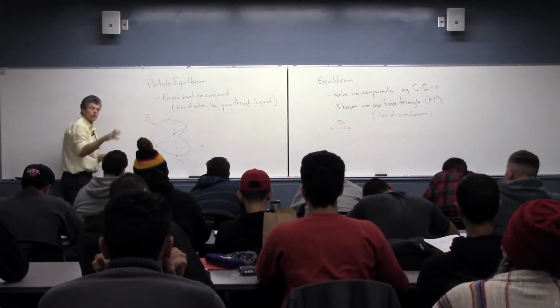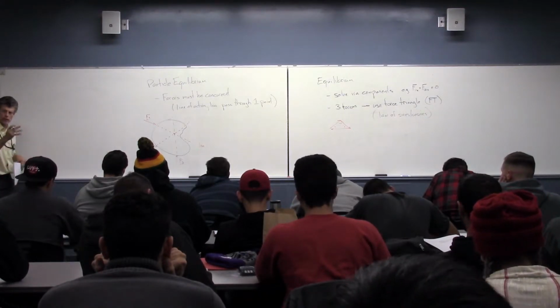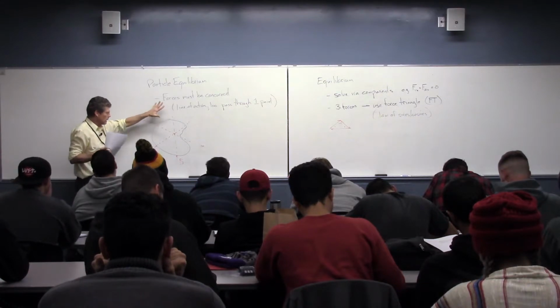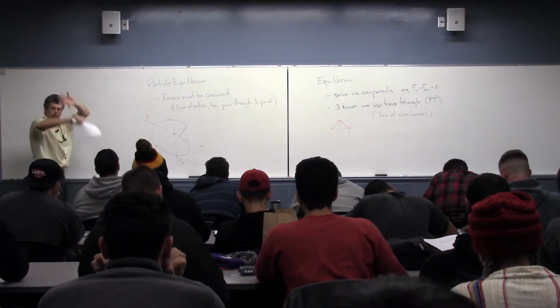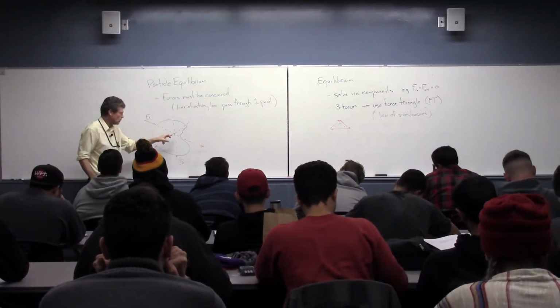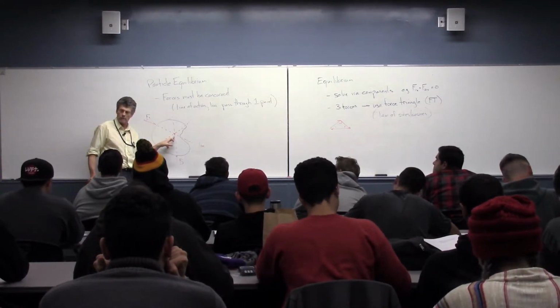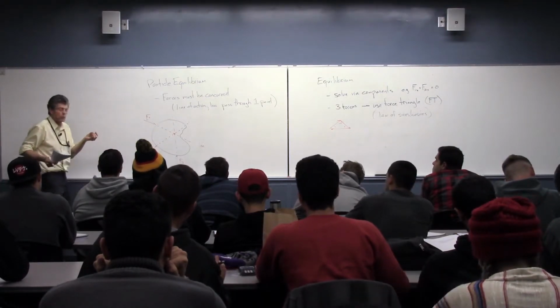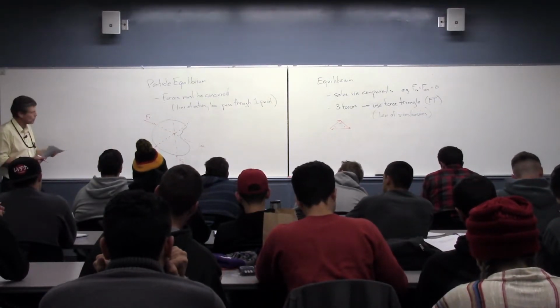Now we have tools that we're going to learn when we get into rigid bodies in chapters 3 and 4 on how to deal with forces that aren't concurrent. But basically, we have a set of forces on a big object. It could be a big object, but in terms of particle equilibrium, if they all intersect at a point, then basically we'll be able to apply those equilibrium equations.